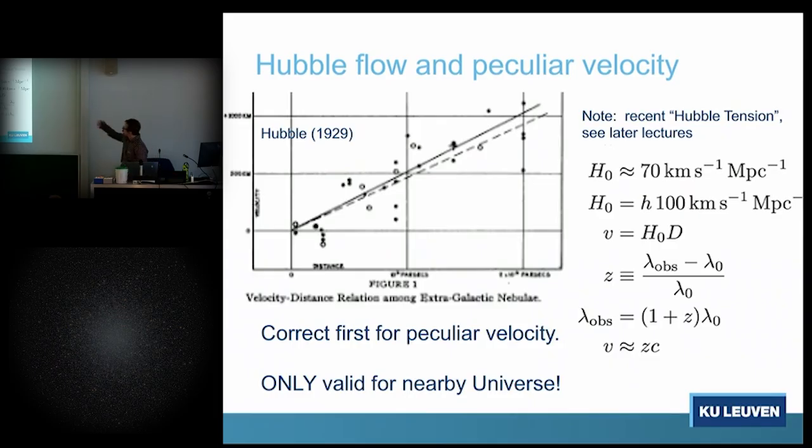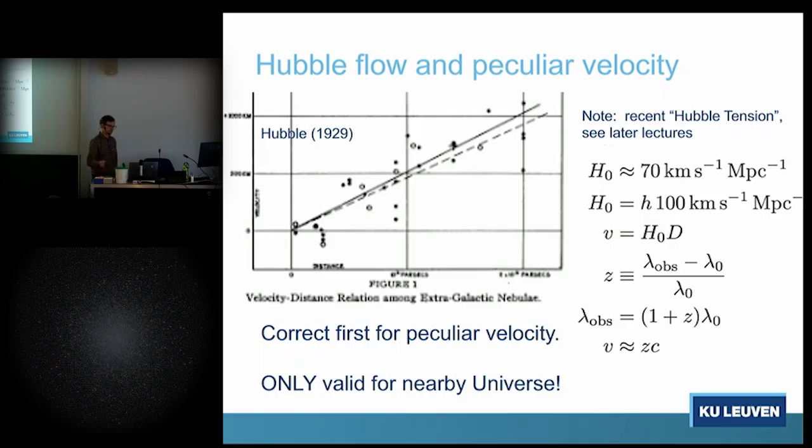Now, here is the original Hubble diagram, and again, this is more for the intro course in astronomy, so I'm not going through it in detail. You see the Hubble law here to the right. There are a few points I want to make for this course specifically. I already said that in order to infer this, you typically need to correct first for the peculiar velocity.